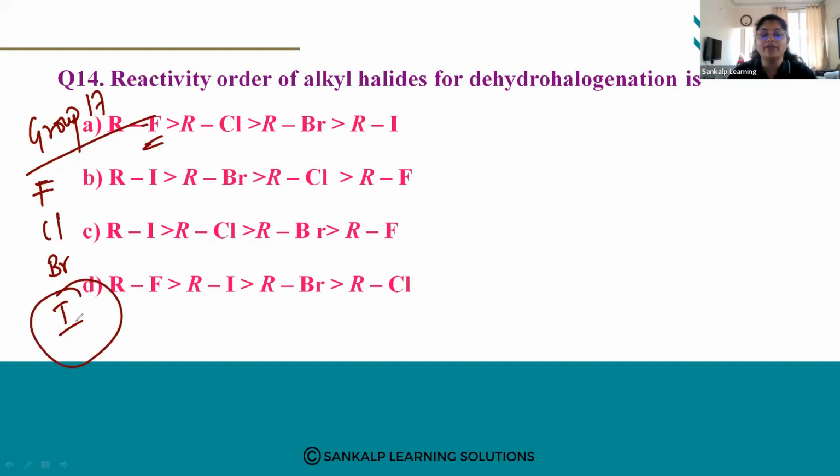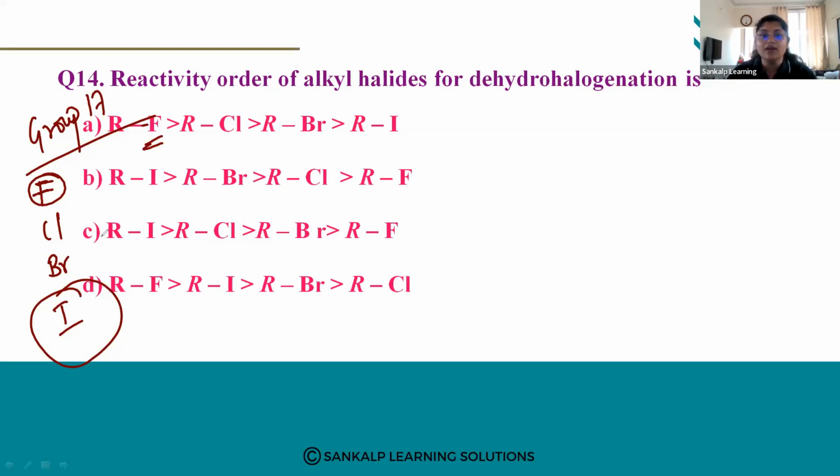So iodine will have the highest size and fluorine will be the least. When you are looking at the reactivity order, the negative charge will be more on the larger atom, and the C-I bond will break more easily.